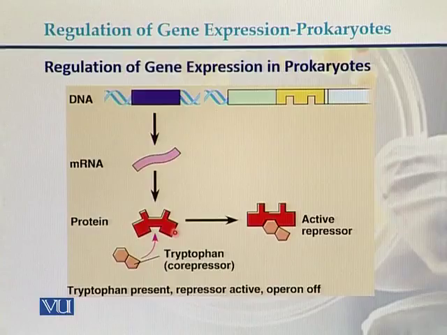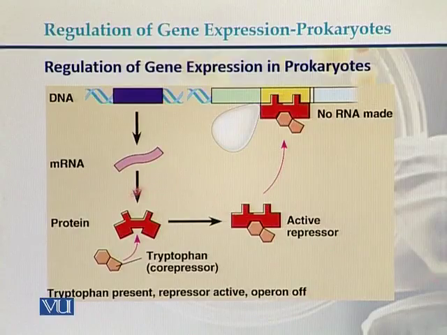When it becomes an active repressor, it binds to the operator region and the operon becomes off. Another example: tryptophan present, repressor is active and the operon is off. If it is active, there is no production or synthesis of the RNA molecule.